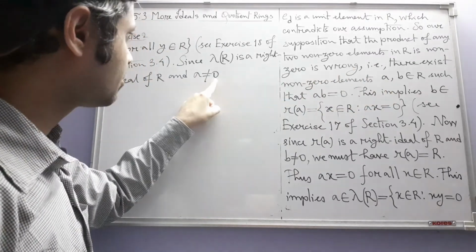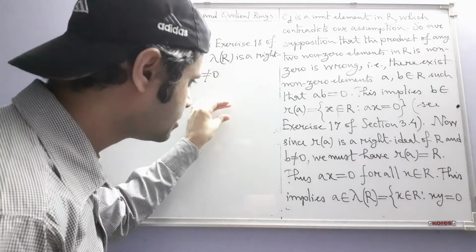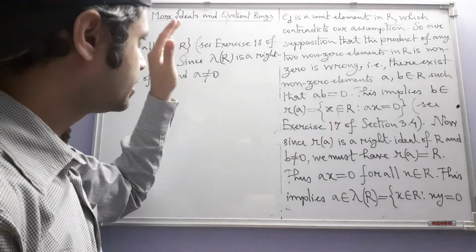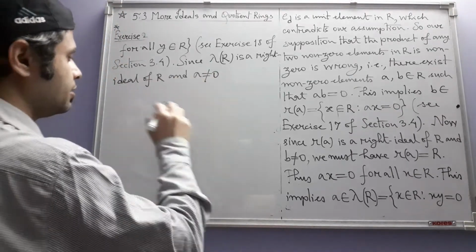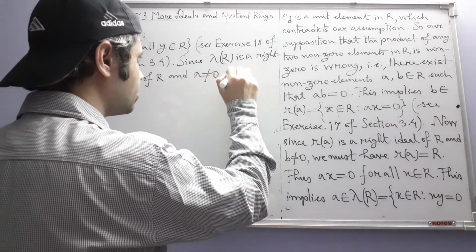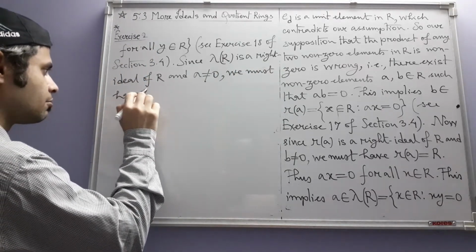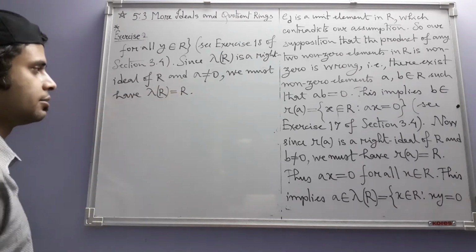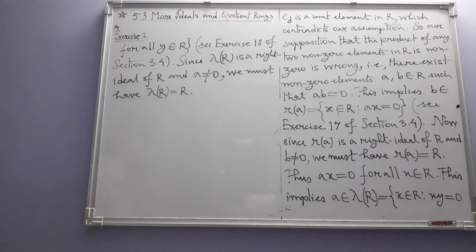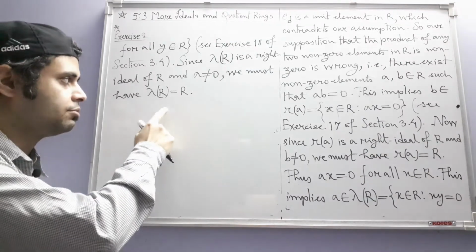So now we are using the fact that A is non-zero, and since lambda R is a right ideal, it will either be the zero ideal or the whole ring. It cannot be the zero ideal because it contains the non-zero element, and A is not equal to 0. We must have lambda R is equal to R, and this equation tells us that if we multiply any two elements of the ring, we will get 0.